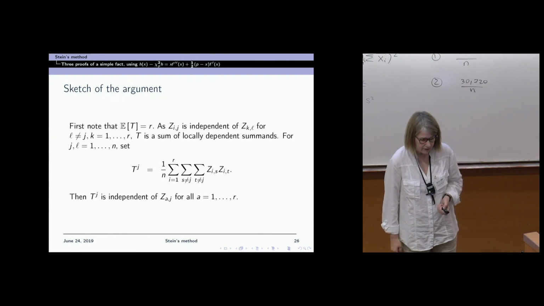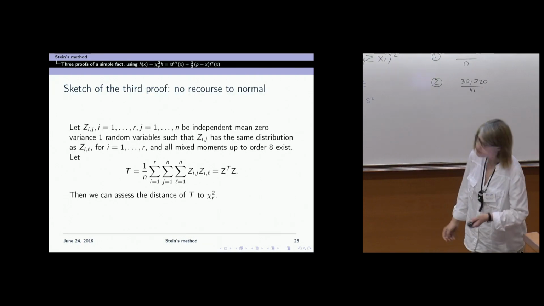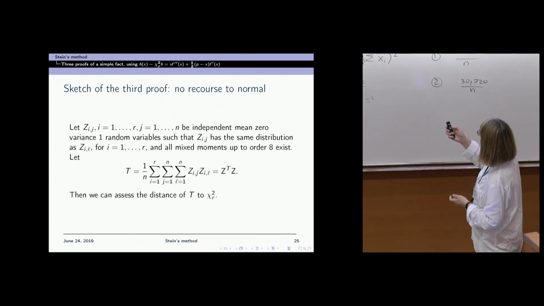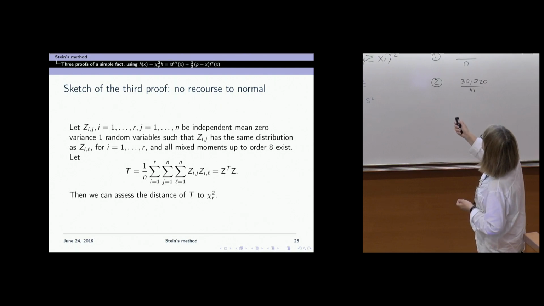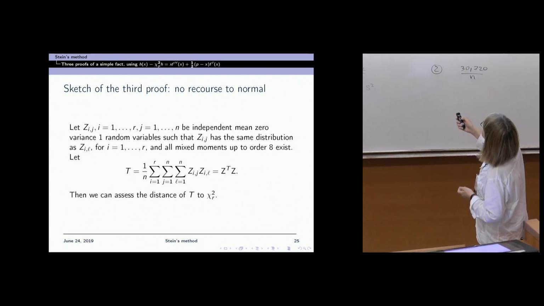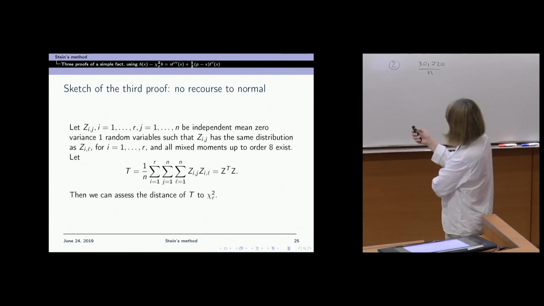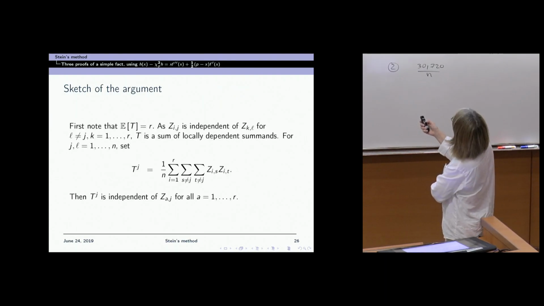Right? So if I look at these summands, the Zij, Zil, they're locally dependent if we are in the block design framework. We can also make them independent.